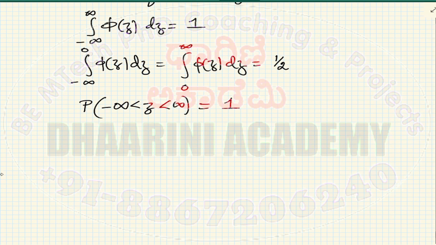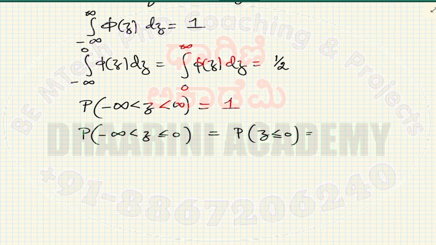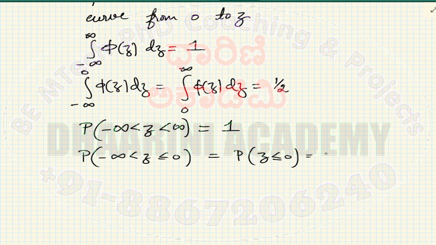Then if I want to find the probability of minus infinity less than z less than or equal to 0, this is one case. I can rewrite this as the probability that z is less than or equal to 0. That means this is equal to half.